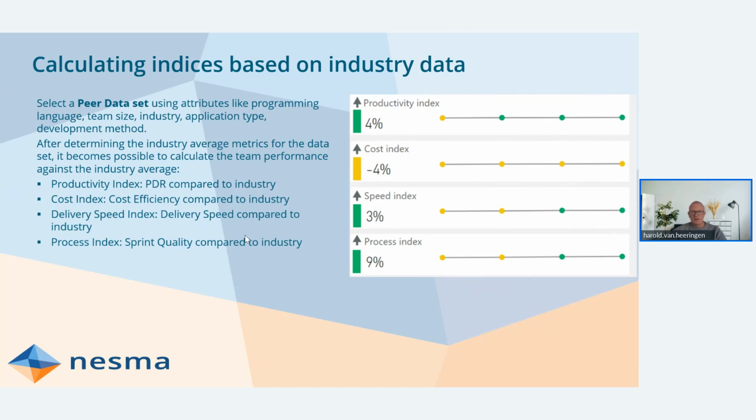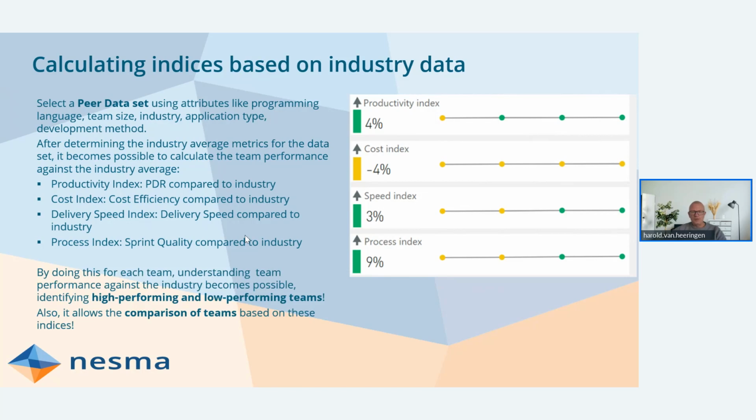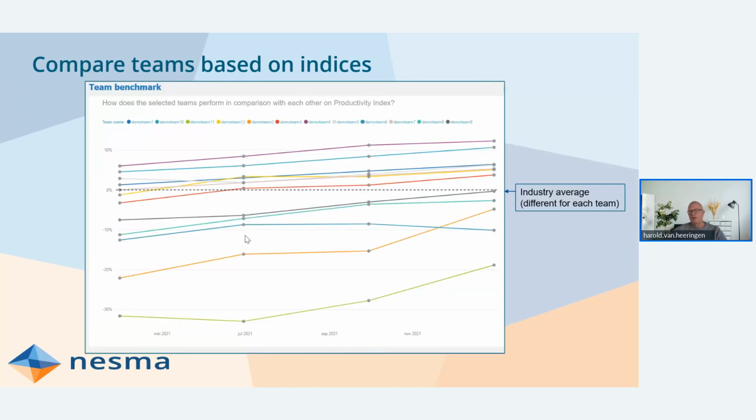And then it becomes possible to understand this if you do it for all your teams. So here the dotted line in the middle is the industry average, so it's 0%. It is maybe different for every team, right? For a COBOL team it's maybe 25, and for a Java team it's maybe 10 hours per function point. But you see the performance of the teams against the industry averages and also the trend in those.